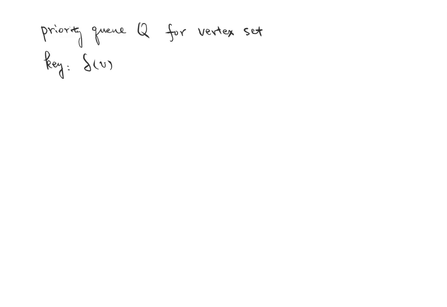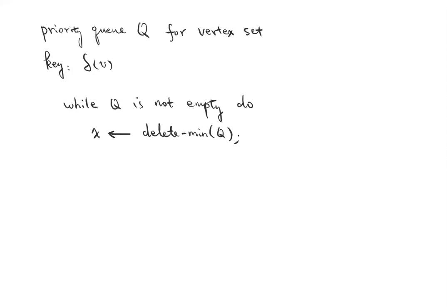Once we decided to use a queue, the main part of the algorithm looks like this. Instead of using a for loop, we check whether the queue is empty or not. If not empty, there are still some vertices that have not been processed. So select the minimum element. We can use the delete minimum operation for the queue, which allows us to select the minimum element.